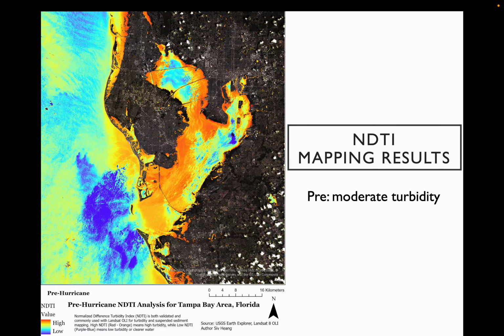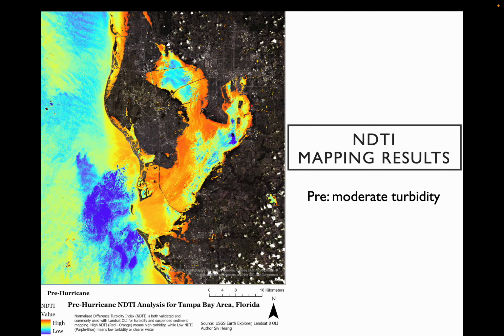However, when we move into the NDTI results, this is where the impact of Hurricanes Helene and Milton becomes extremely clear. Let's start with the pre-hurricane NDTI map. Before the storms, most of Tampa Bay shows moderate to lower turbidity.